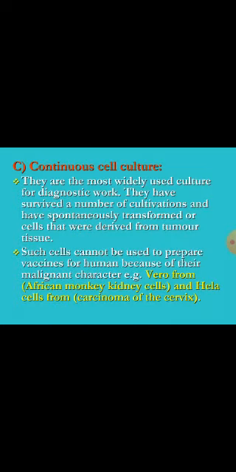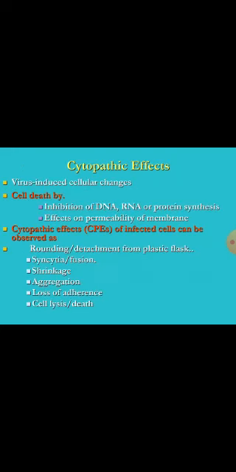And in continuous cell line, we use carcinoma cells, immortal cells that can divide spontaneously, as in case of HeLa cells from the carcinoma of the cervix. In this cell culture, we can detect the virus-induced cellular change that's called cytopathic effects.